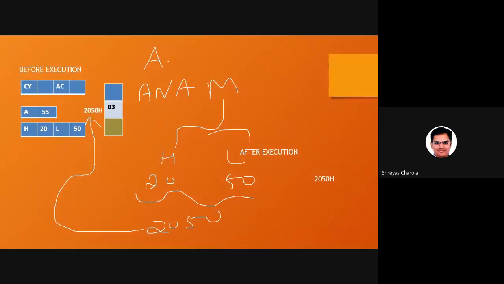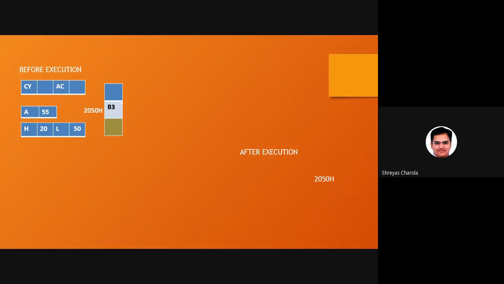The accumulator will do the AND operation with the content of M, not with M itself, and the answer will be stored in the accumulator. So what should the answer be here? It's B3 and 55. What is the answer? Write it down in the chat box. The answer, all of you. Okay, those who joined recently, it is a simple AND operation.